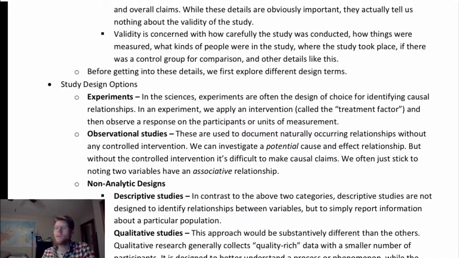All of these types of studies are still important to do. They all give us data and information, and information is helpful for a lot of different reasons, but we want to be careful that we know what kind of information we're getting and what to do with it. When it comes to looking at potential causal links, experiments are the best source.